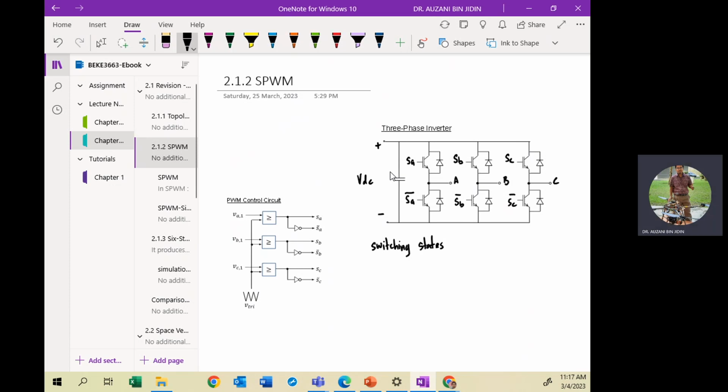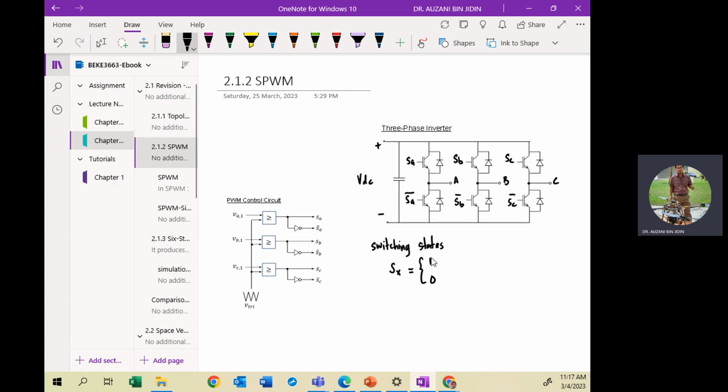Where the switching states, in general, you can express as S subscript X, where X can be A, B, or C. So SX can be either 1 or 0. If SX is 1, it means the switch is turned on. Otherwise, 0, the switch is off.